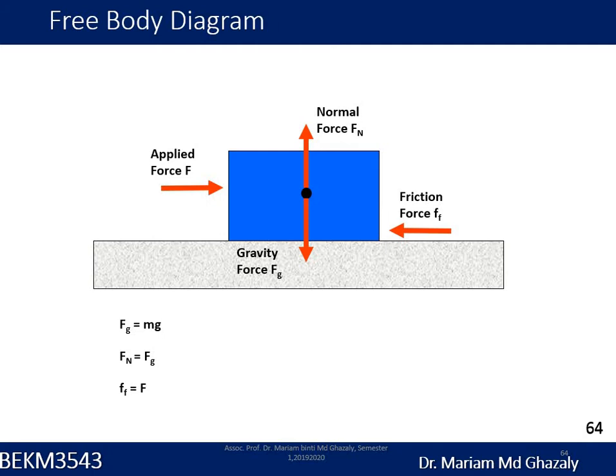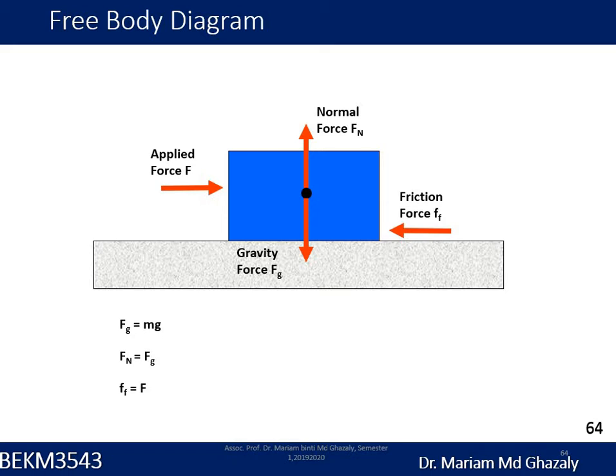Okay, if we take a look at an object that is in contact with another surface, we will always have an applied force in the direction of the movement, and you will have a friction force opposing the direction of the movement.